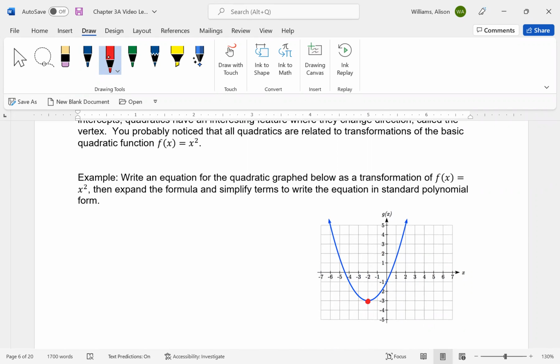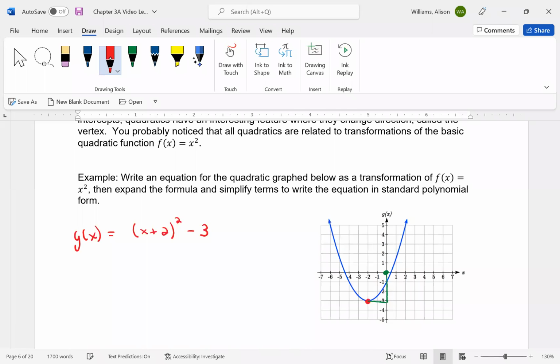Based on where I know x squared is supposed to be, x squared is supposed to start at (0, 0). So this thing has shifted down 3 and left 2. So to go down 3, we would subtract 3 from the whole thing. And to go left 2, I would add 2 to the x. So here's my potential new formula.